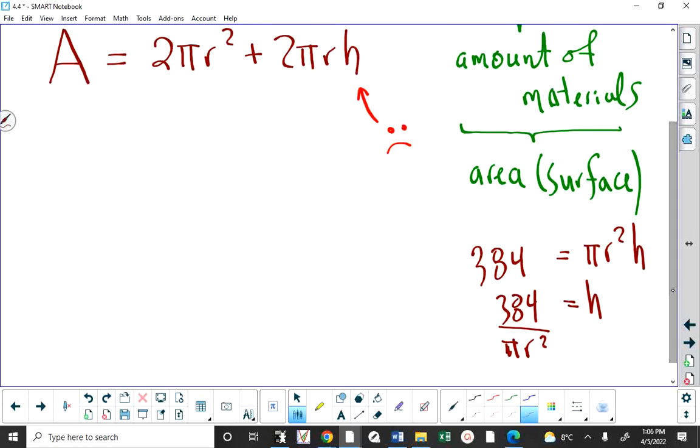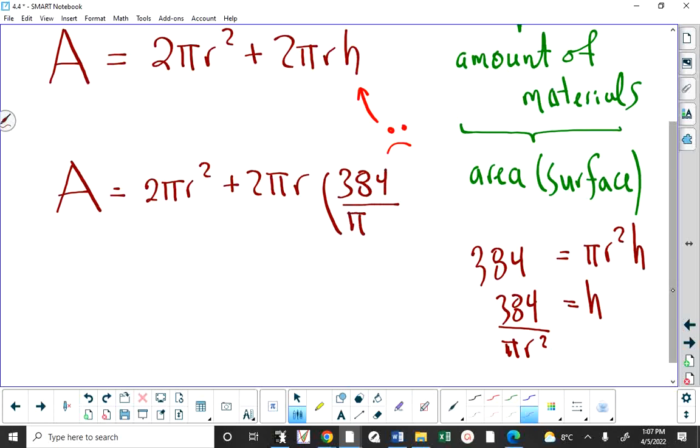And this is not really a particularly difficult question. It isn't. But it's one that you have to see in action before you can do it on your own. So the surface area of the can will be 2 pi r squared plus 2 pi r times h, which is 384 over pi r squared.